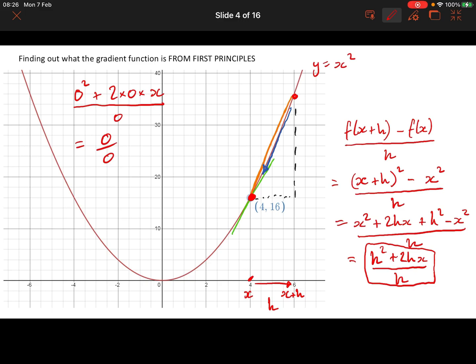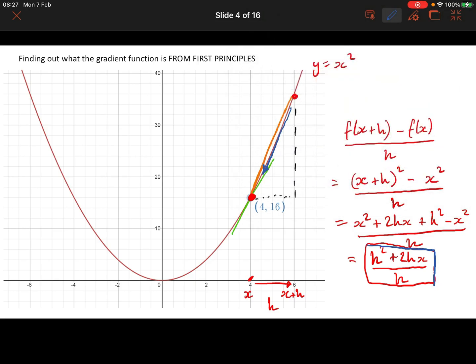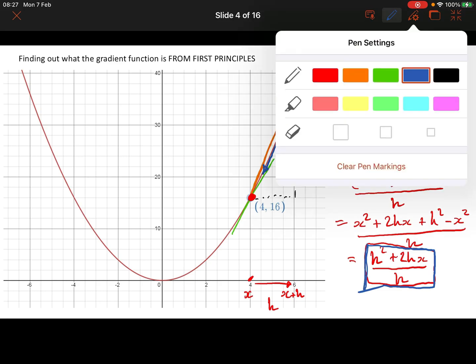0 divided by 0. But I taught you last week, if you get something like that, then there is no value of that function, but there will be a limit of that function. So instead of trying to find the value at h equals 0, we're going to find the limit as h tends to 0 of h squared plus 2hx all over h.